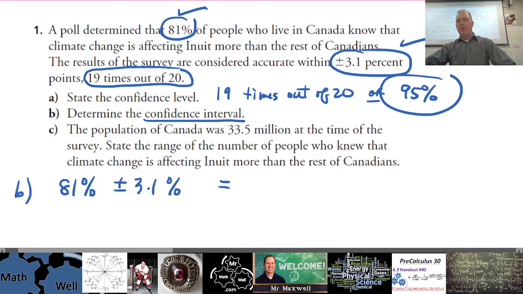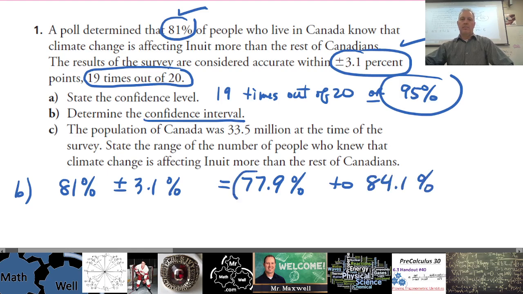So what's 81% minus 3.1%? 77.9%. 77.9%, good. To 81, that's 84.1, right? 84.1%. Awesome. Okay, so good idea to write the actual percents.